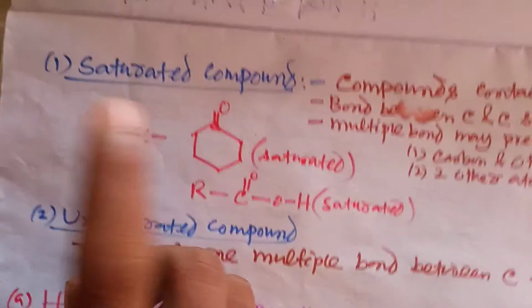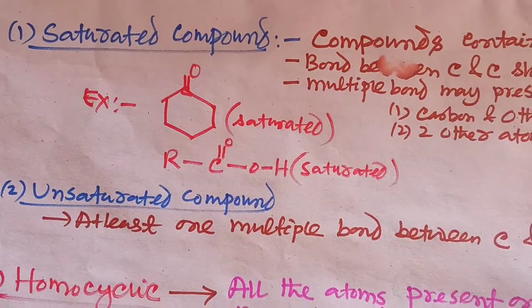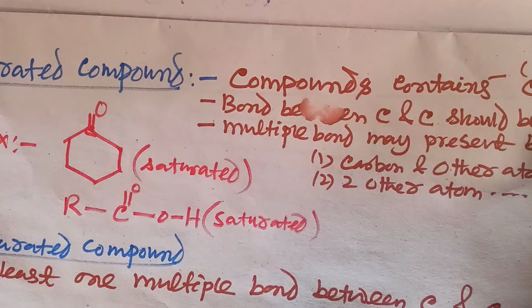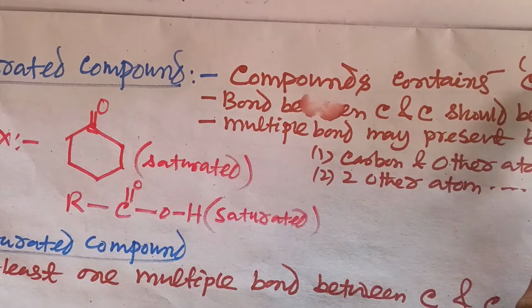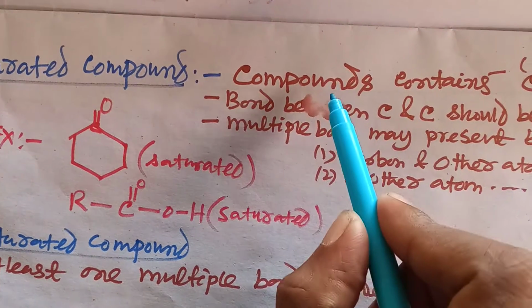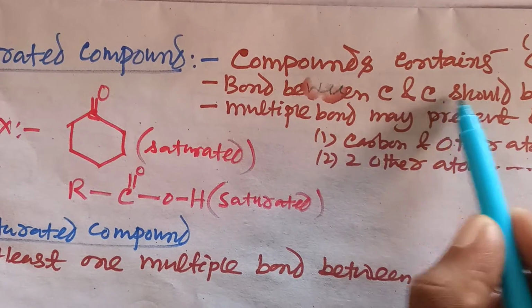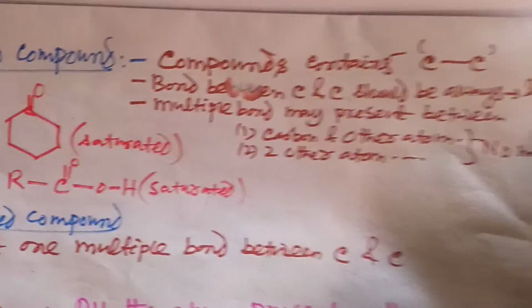Let's see what we mean by a saturated compound. The compound containing a carbon-carbon single bond is known as a saturated compound. The bond between carbon and carbon should always be a single bond.